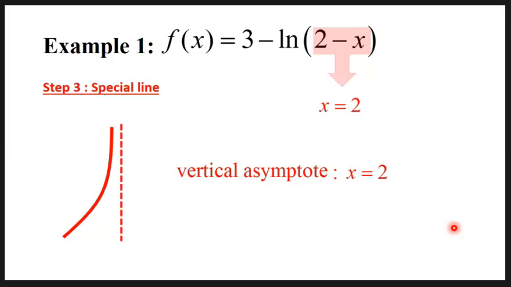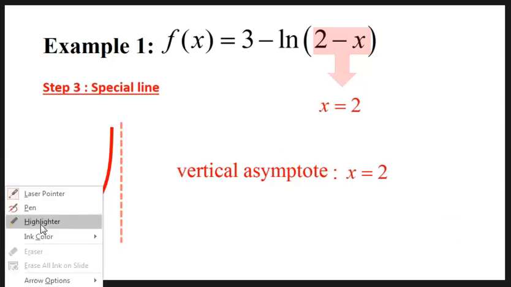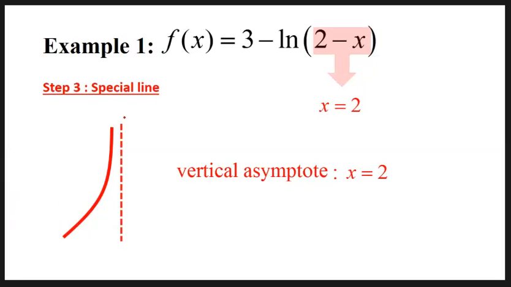And rush up to step 3 here once again. By right at this moment, we can make use of the special line and also the shape of the graph here to roughly estimate what the domain and range are in general. So when we extend this graph, for the domain, we would like to see how far to the left and how far to the right the graph can go.